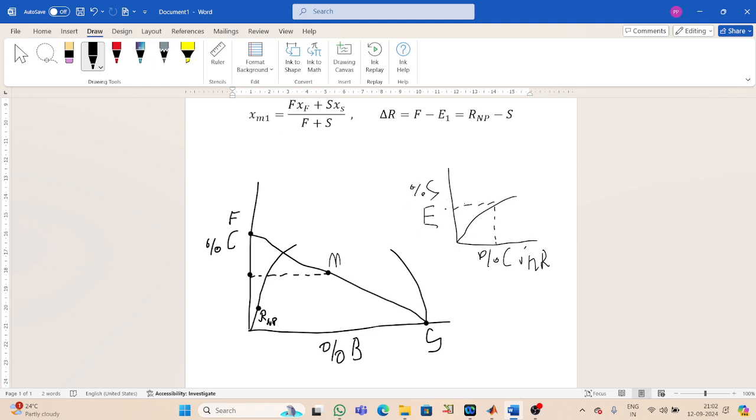Means this is E1 and this is R1. And this E1 and R1 should pass through M, as I will show now.